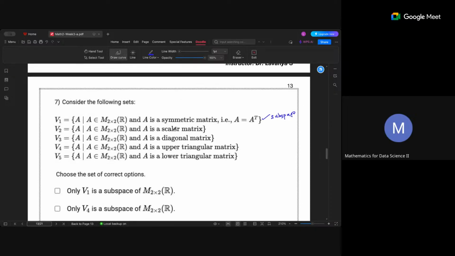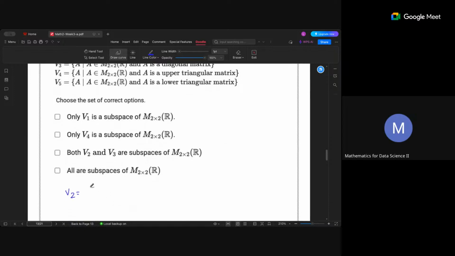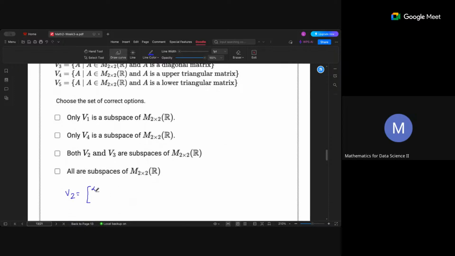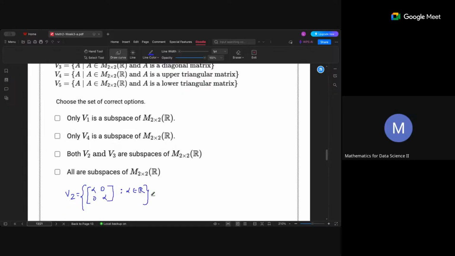It is the set of all 2 by 2 scalar matrices, so the set of all matrices with alpha, alpha on the diagonal and 0 elsewhere, alpha in R. Do you think this is a subspace? Yes, ma'am, obviously this is a subspace.